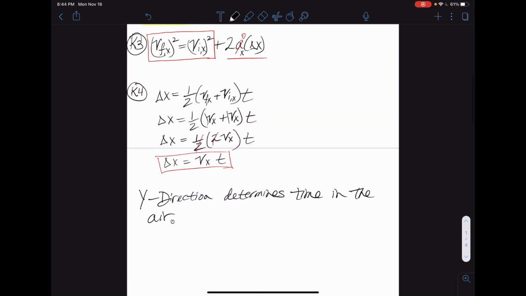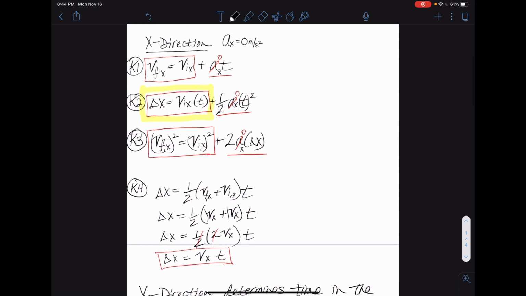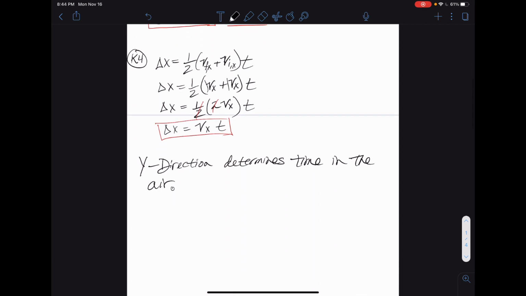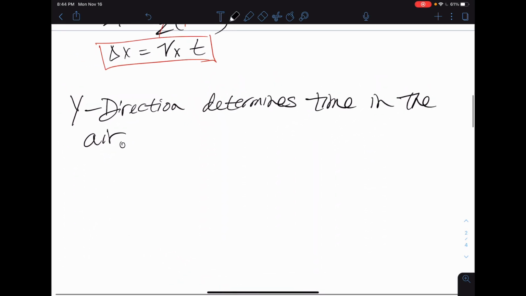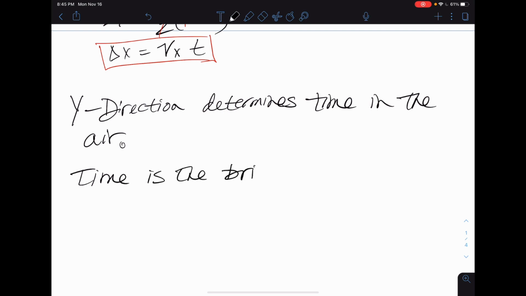And then also, what else did I want to say here? Oh, and this is the important thing before I start listing the Y direction formulas: don't forget, I'm going to have 2 sets of formulas here. What's the bridge between the X and the Y direction? What variable is not dependent upon direction? And that is time. So time is the bridge between directions.